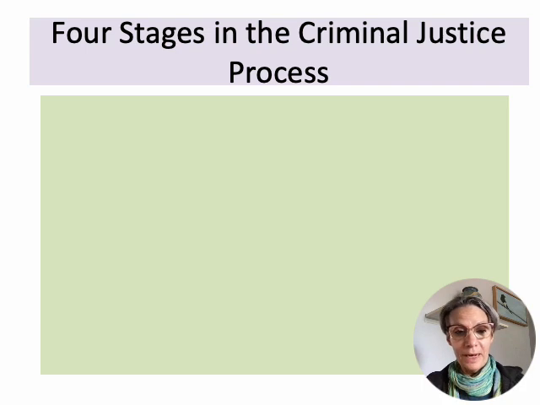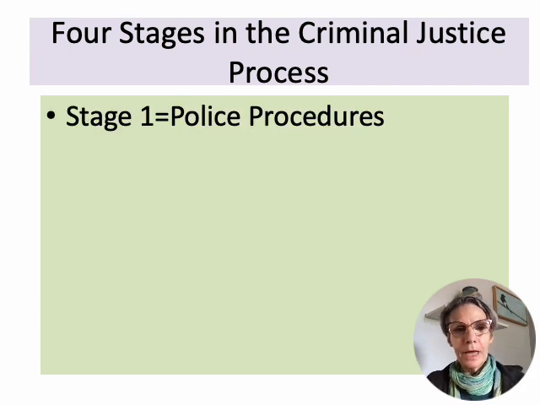All right, so before we use The Night Of as an example to bring to life these different stages in the criminal justice process, let's just list what the stages are, okay? So there are 4 stages in the criminal justice process, and each of the stages has a number of steps associated with them.